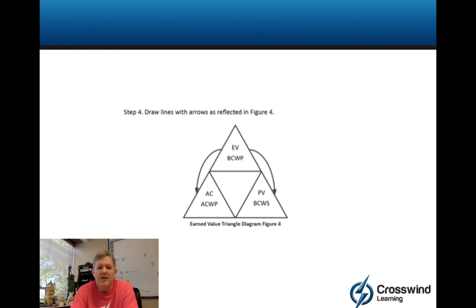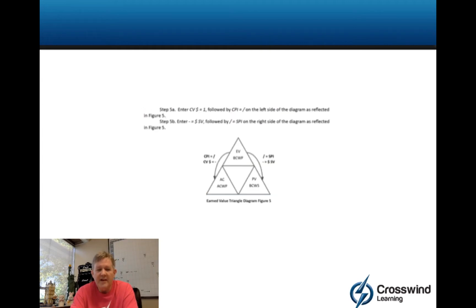Now from there you're going to draw lines from the top triangle to the bottom on the left and the top triangle to the bottom on the right, because that's basically how the calculations are going to flow. Then you're going to have your formulas on the left and right of the line. So on the left side you'll have CPI equals and then the divide symbol.